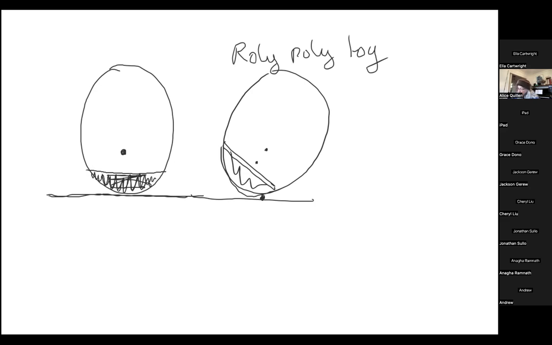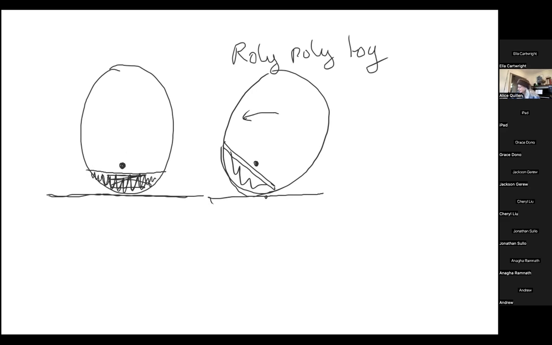So here, I've drawn the center of mass really low, and that means that the contact point can be really far over before the center of mass winds up to the right of the contact point. And so even when it's quite tilted over, it will be stable.